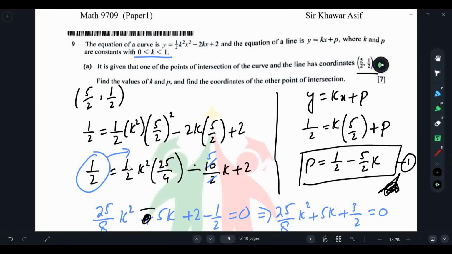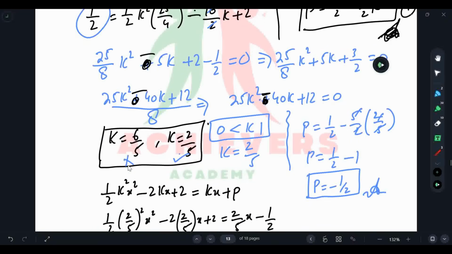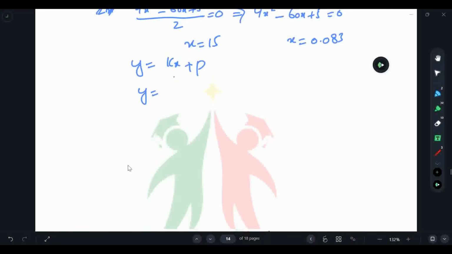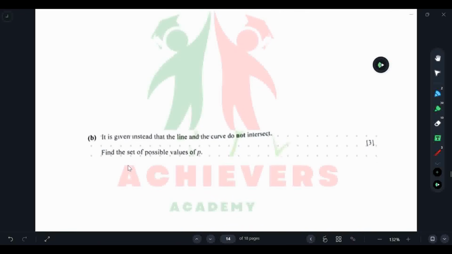One x should be 5 by 2. So this is the way we can simplify it, and after this equation, we will have the final answers.